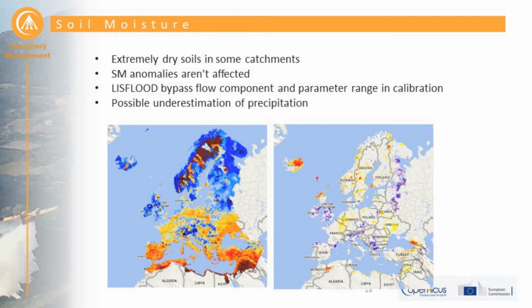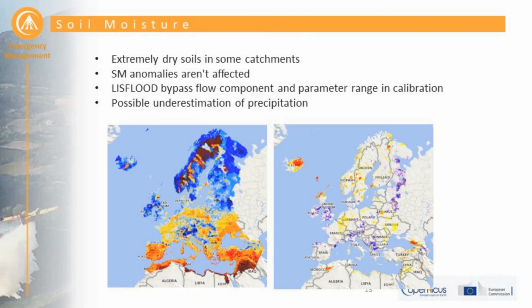Dry soils are clearly visible in the soil moisture maps, while soil moisture anomaly maps don't show any particular problem. The hydrological skill isn't affected by this issue, and medium-range forecasts also don't show any particular issue in those areas. Soil moisture is currently under investigation.